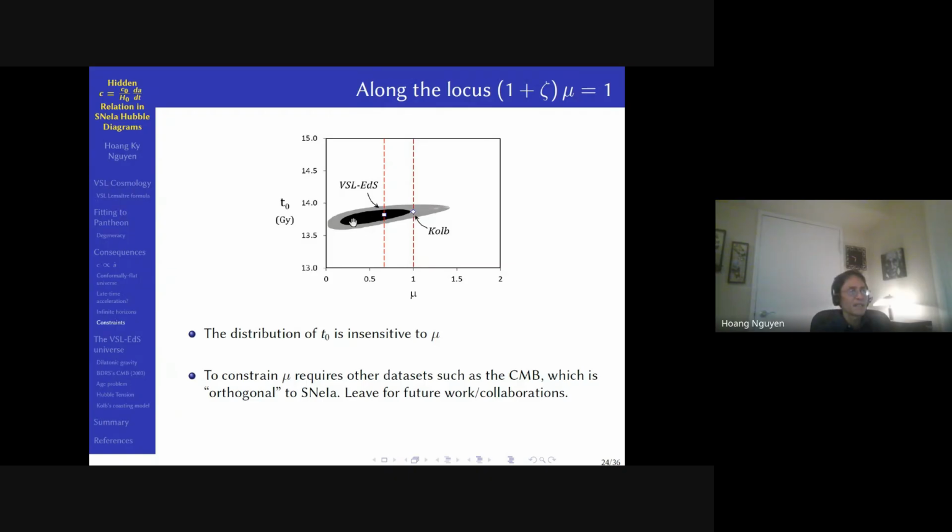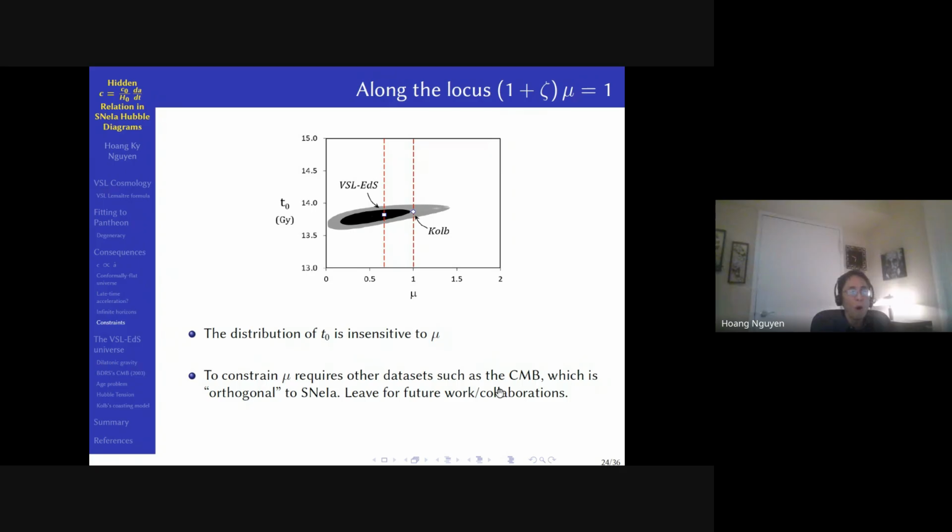So the question is, how can we restrict the value of mu further? Because this range of mu is kind of wide, right? It goes from 0.2 up to 1, it's pretty long. So how can we restrict this range further? For that, we need more data, especially data from, let's say, the CMB.